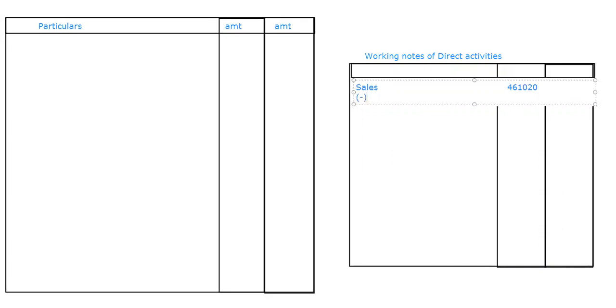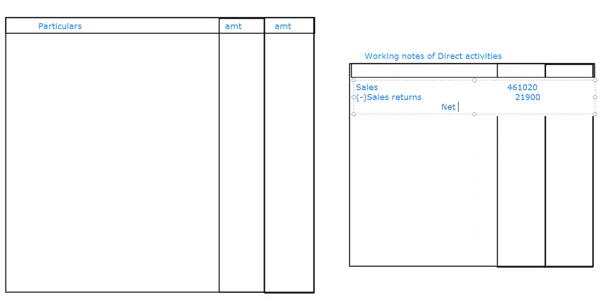So returns means we always minus it, you all know it, this is not a new thing I'm telling. So sales returns I'm going to minus. How much he gave for sales returns? 21,900. Please everyone be ready with the calculator. 21,900. So what will be the net sales?